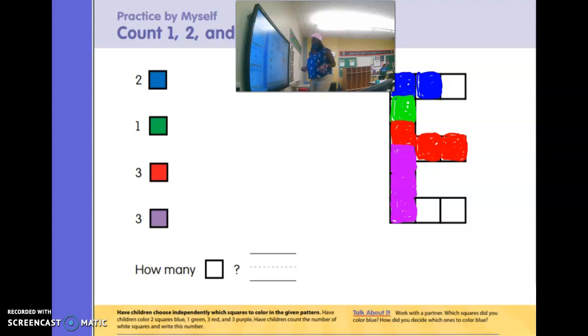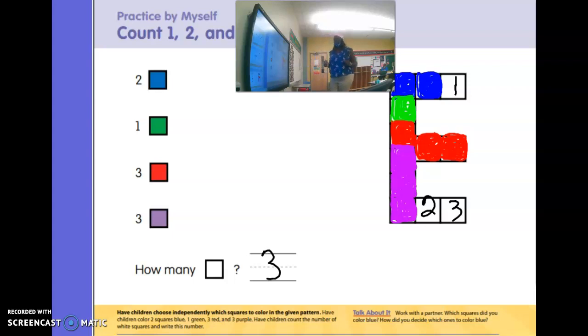Okay. Now, how many whites do we have? Let's count. 1, 2. 1, 2, 3. We have, and we're going to write it here, 3 whites.